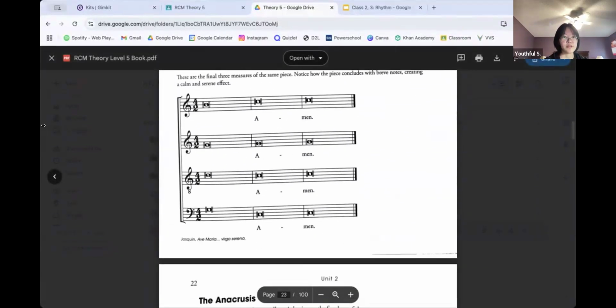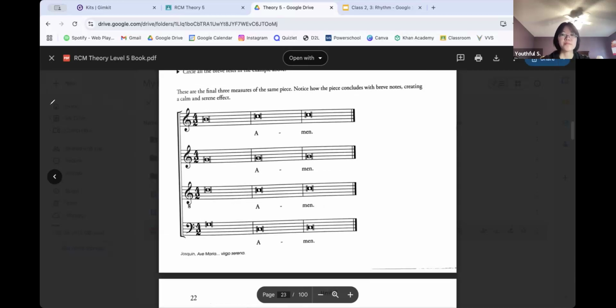Oh yeah, that's what a breve note would look like. It has 2 lines around it. It's very interesting looking. This is the same piece's ending, and it says it creates a calm and serene effect.